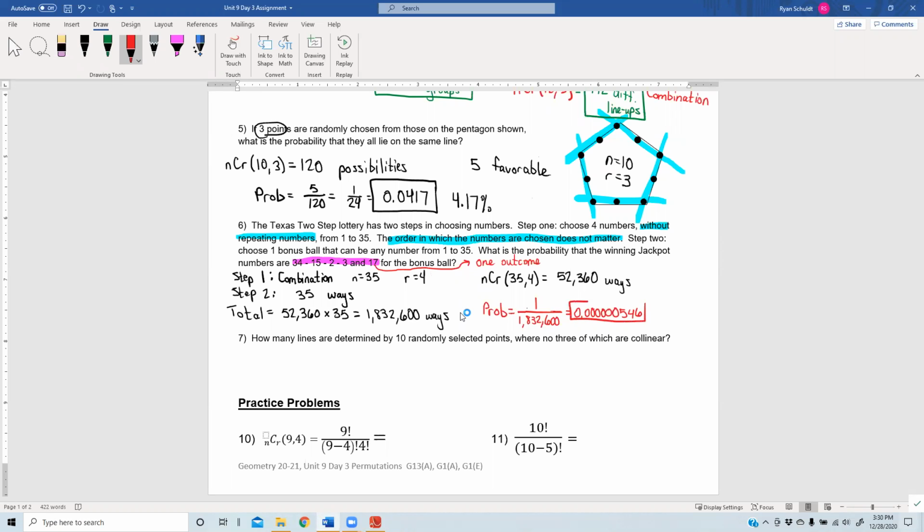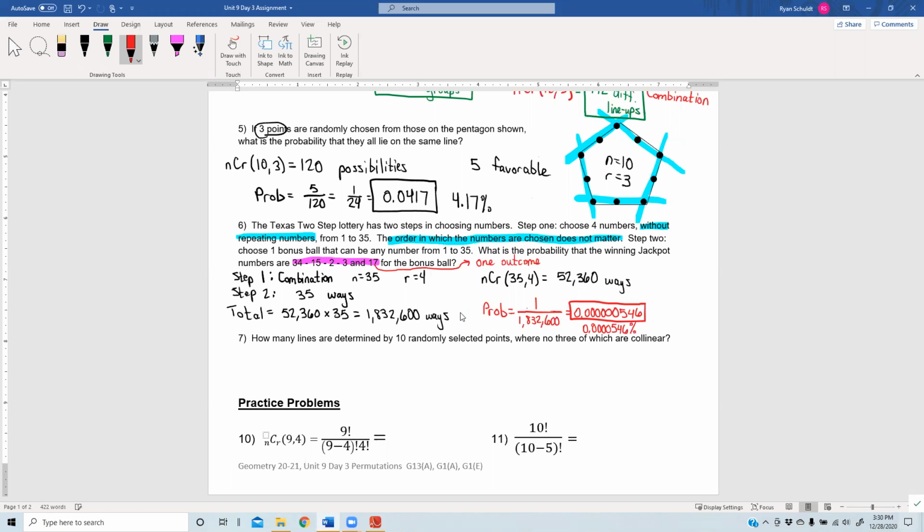That's the probability as a decimal. As a percent, we just move our decimal place 2 to the right. 0.0000454.